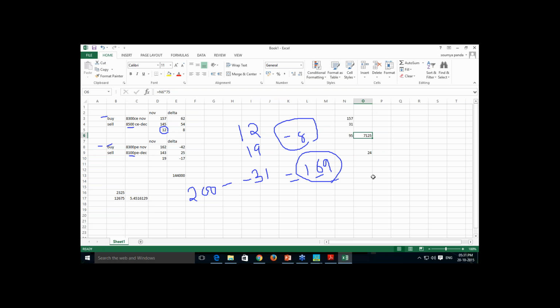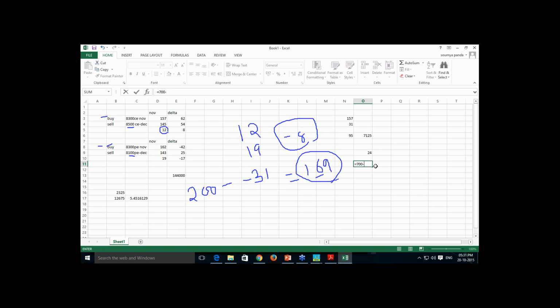So your maximum loss is capped at 7,000. If it goes up and expires at 9,000, you can get 700 from the 8,300. December you are taking, so December will be trading at a great level.